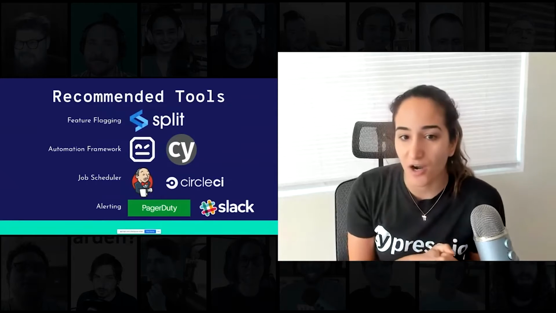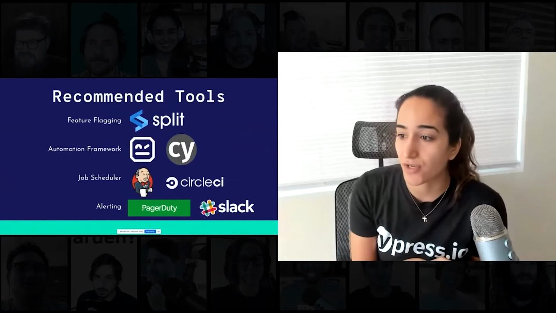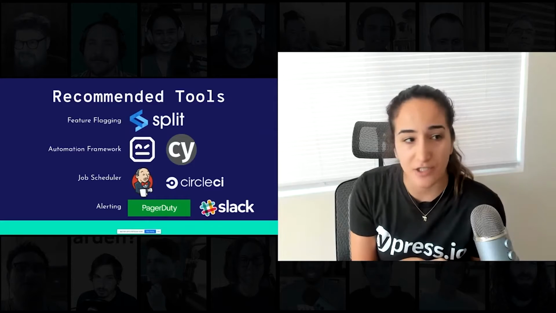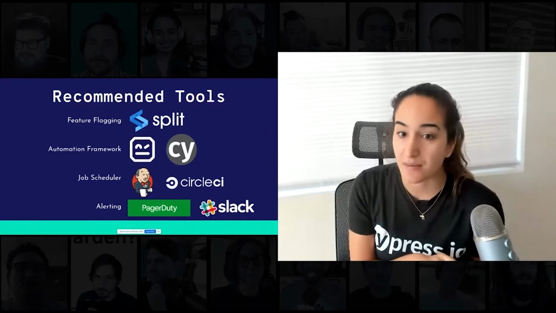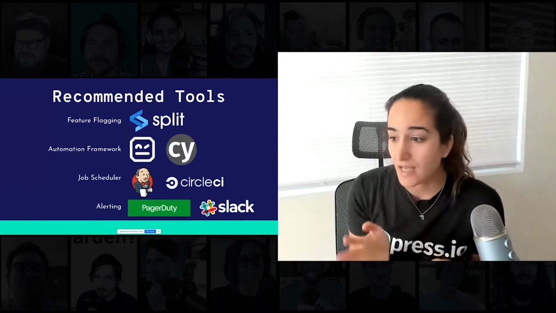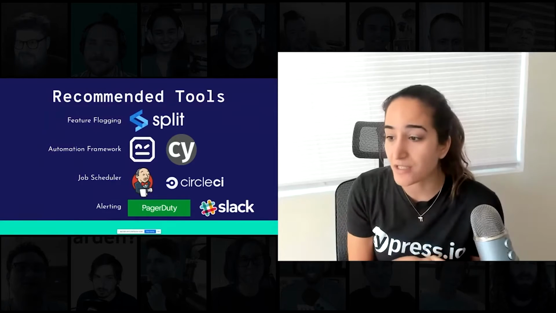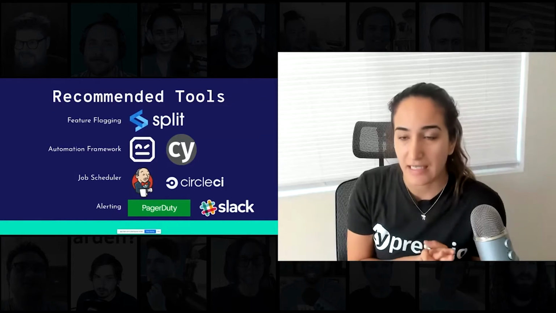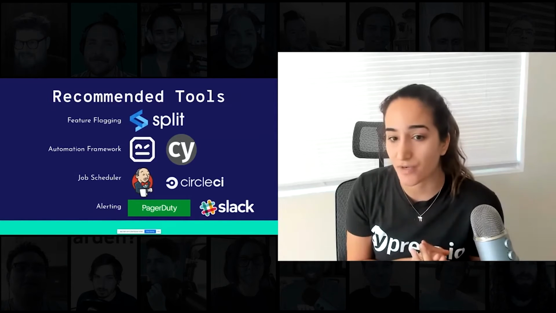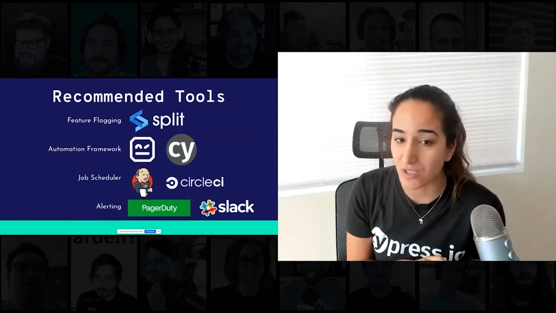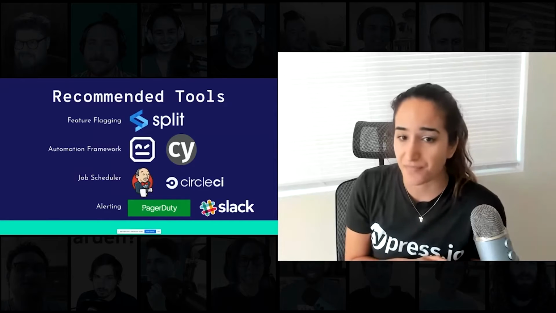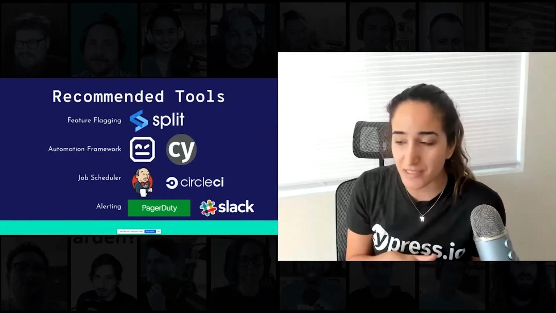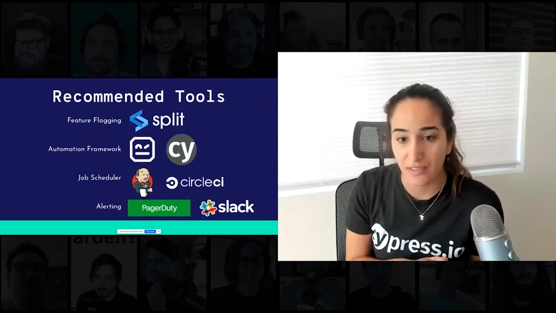Okay, and these are the tools that I've used for testing in prod that I'm comfortable recommending. So for feature flagging, I recommend Split. And for automation, my absolute favorite automation framework is Robot. It's a really easy keyword-driven library that you can use to write tests. I've also used Cypress. I've used Puppeteer, Protractor. There's a few.